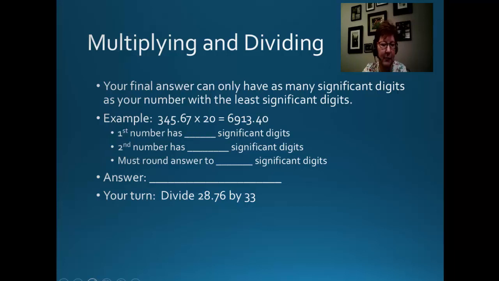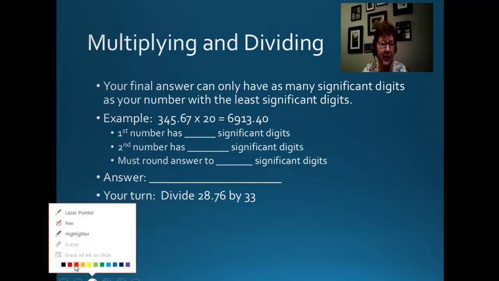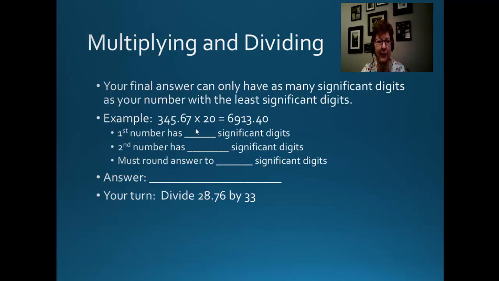Let's fill in the blanks here. So that first number has 5 significant digits. 20 only has 1 significant digit, so I have to round my answer to the number with the least significant digits, and so I've got to round it to 1 significant digit.